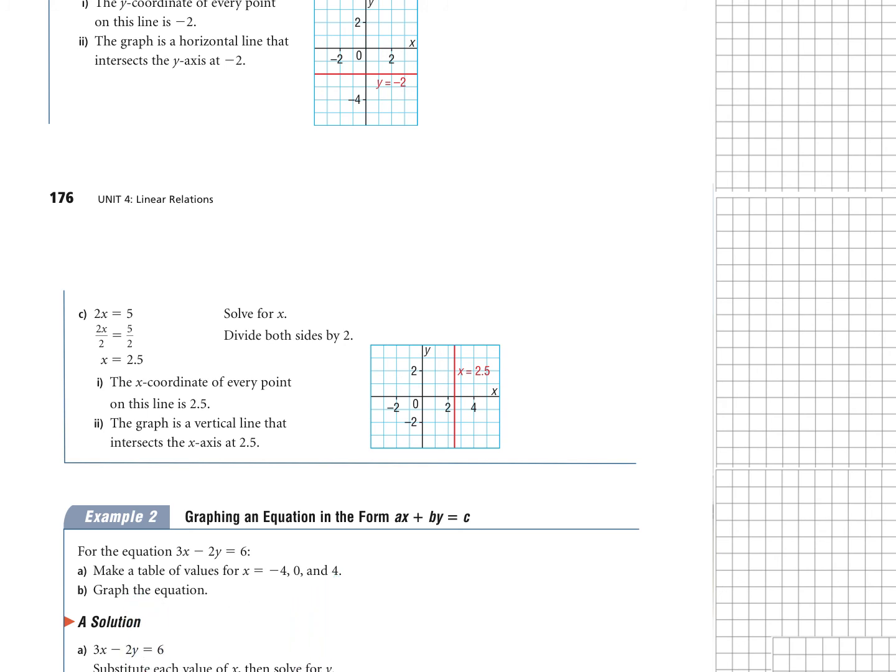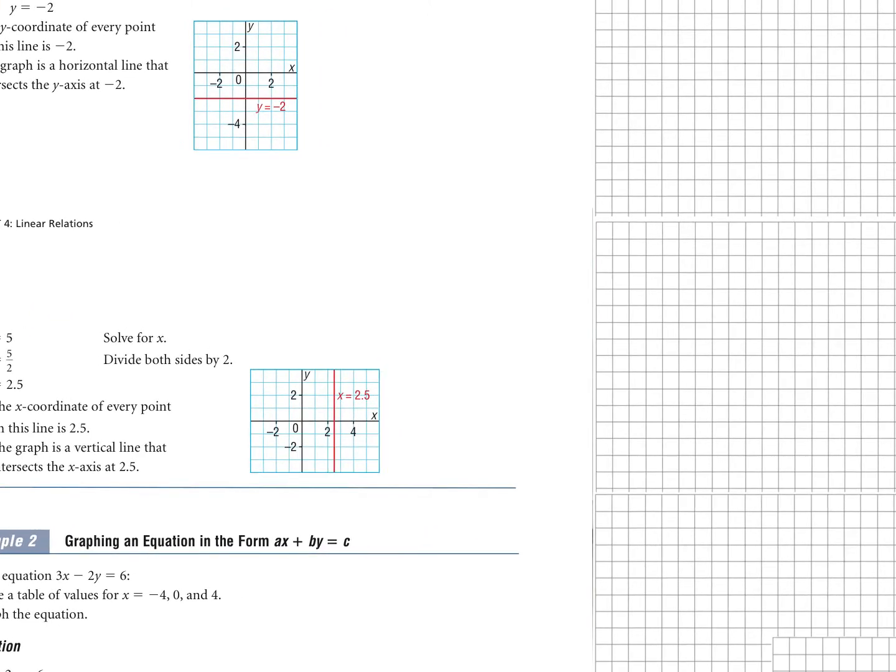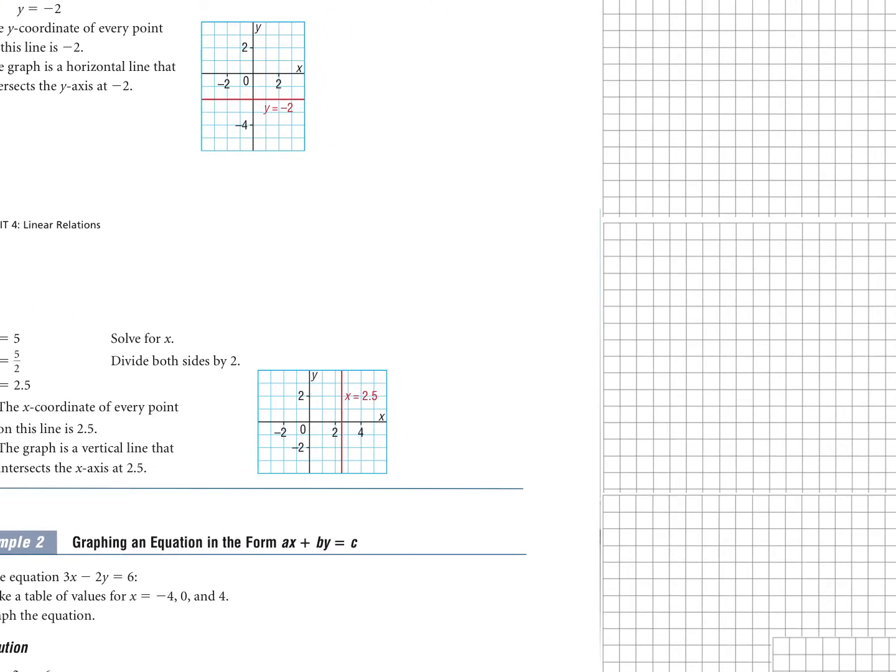Okay, so here I'm going to come over and I'm going to write my equation down just so I have it. We know this equation is going to be 3x take away 2y equals 6.